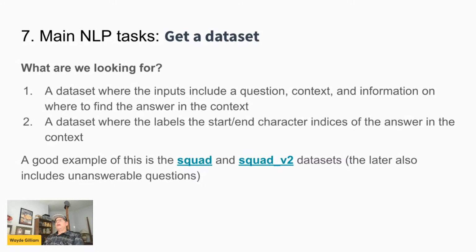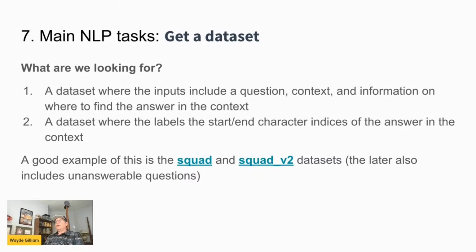But here we're looking in a block of text, the context, to see if the answer to whatever question is posed is in there. And if it is, we want to be able to extract that. For these types of tasks, our dataset also needs the start and end character indices of the answer in the context. A good example of this is SQuAD and SQuAD v2.